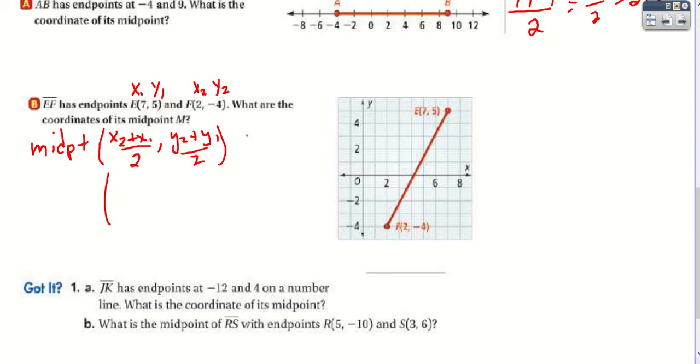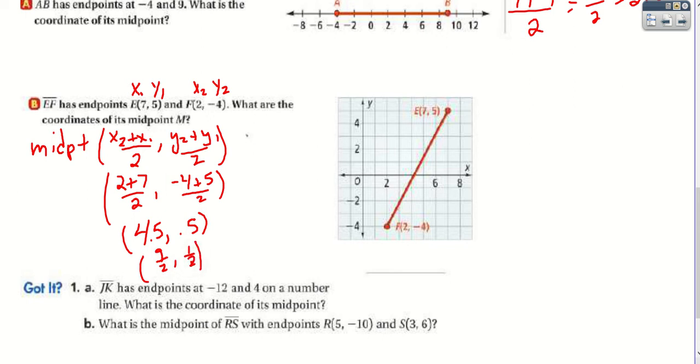So x2 plus x1 is 2 plus 5, which is 7 over 2, and y2 plus y1 is -4 plus 5, which is 1 over 2. So this gives me 7 over 2, which is 3.5, and positive 1 over 2, which is a half. Whether you write it as a point or as 7 over 2, comma, 1 over 2 is up to you.